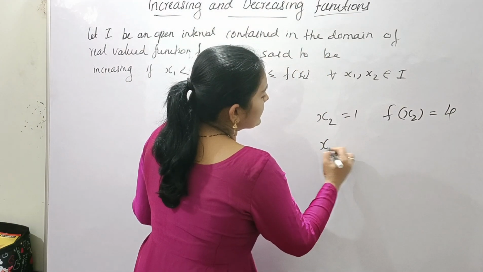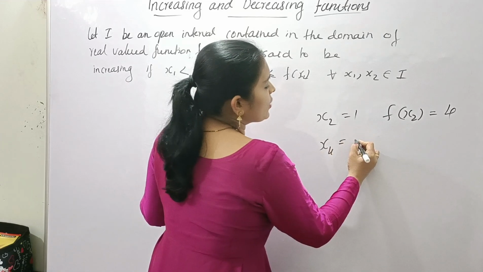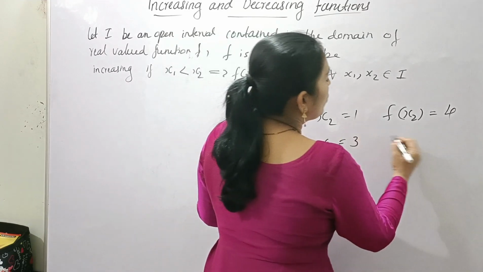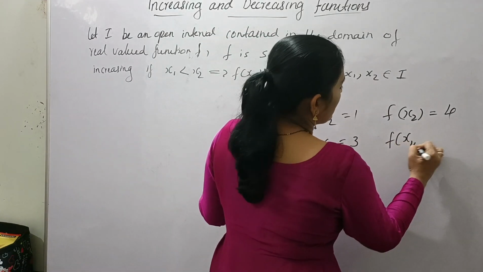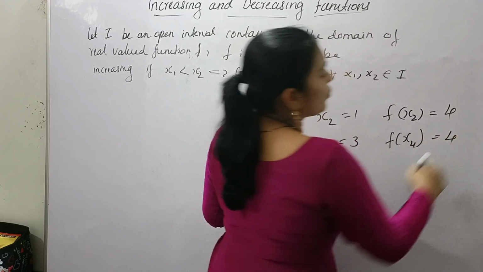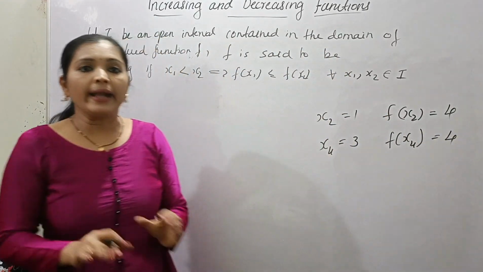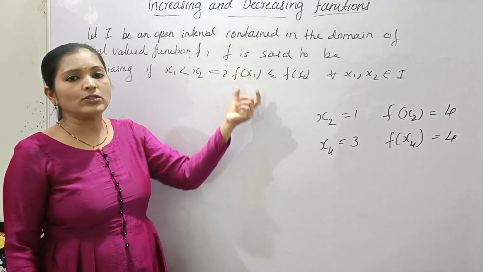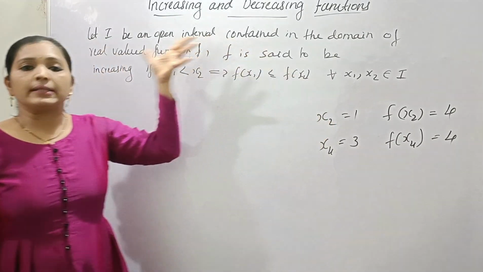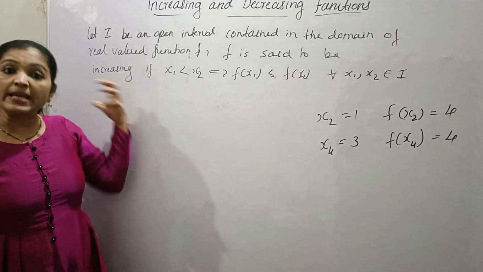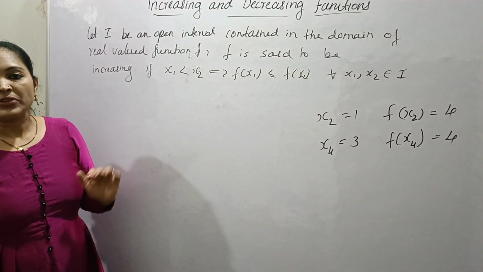And let's take x4 equal to 3. Now f of x4 is also equal to 4. Sometimes we get the same value of the function, so in that case we say f of x1 less than or equal to f of x2. In that case we say the function is increasing, only increasing.